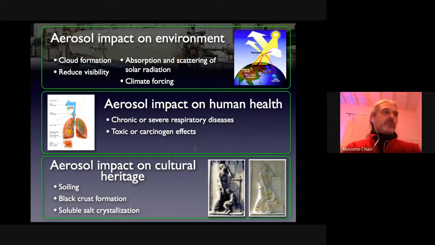So it's important to try to reduce the uncertainty about the climate forcing of aerosols, because the predictions of future climate scenarios are based on an effect of aerosols with large uncertainties. So determining a more precise value of the climate forcing of aerosols will also improve the models for future climate scenarios.